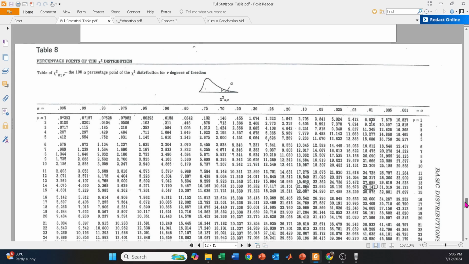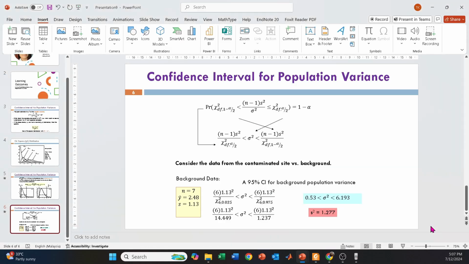Degree of freedom 6, 95 percent confidence interval, so alpha is 0.05, alpha over 2 is 0.025. Yes, 6 here. So the value is chi-squared at alpha 0.025 with nu equal to 6, which is 14.449.